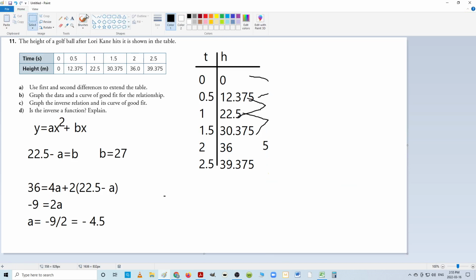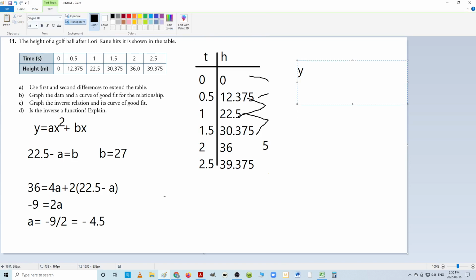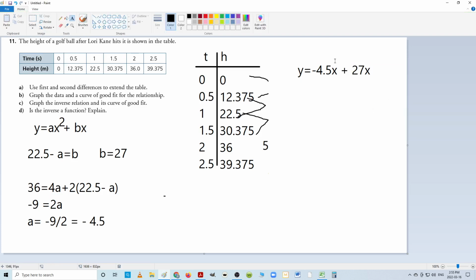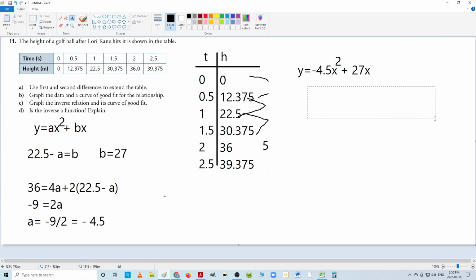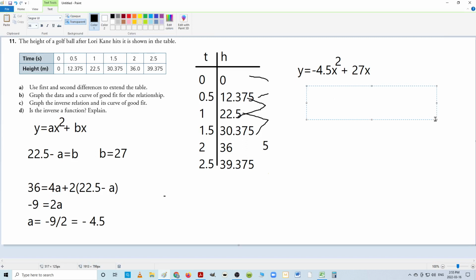So now I can take my formula, which I now have, like that. I can do several things. First of all, I can always take x out of both, or minus 4.5x out of both, to determine where it hits the ground.